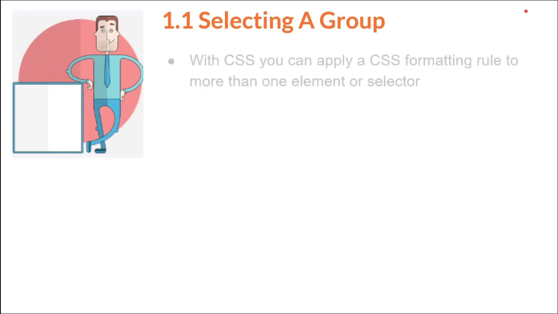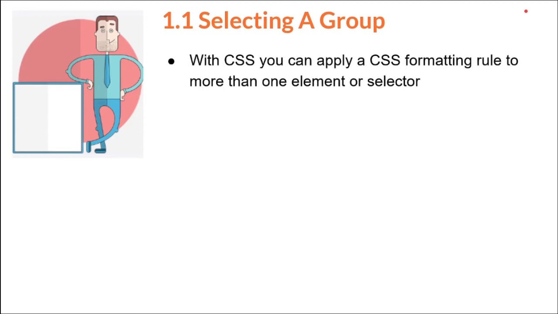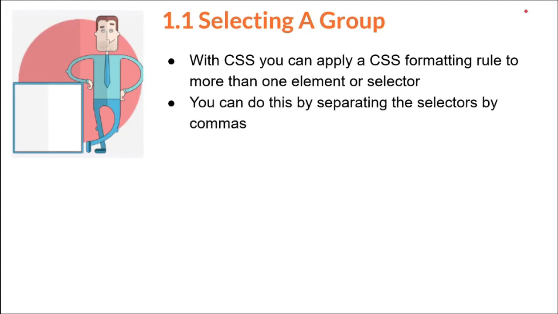Selecting a group. With CSS, you can apply a CSS formatting rule to more than one element or selector. You can do this by separating the selectors by commas in your CSS file.